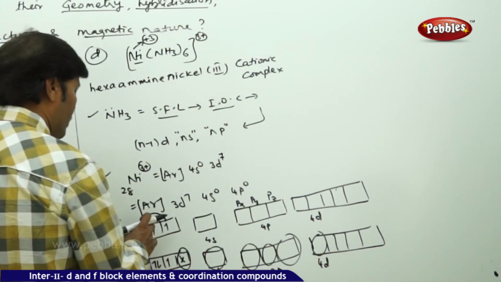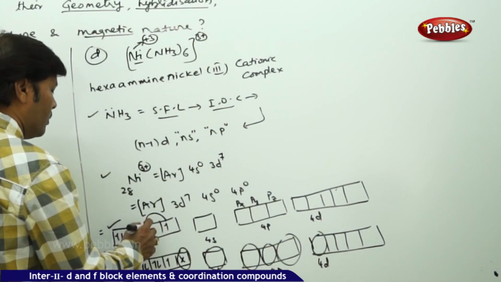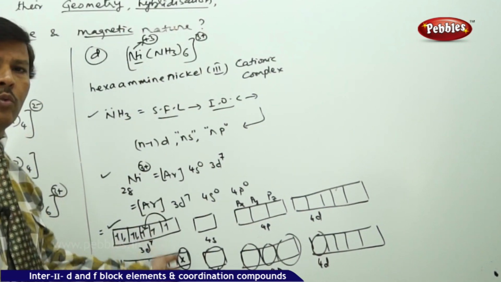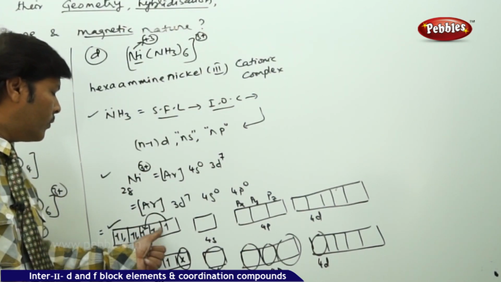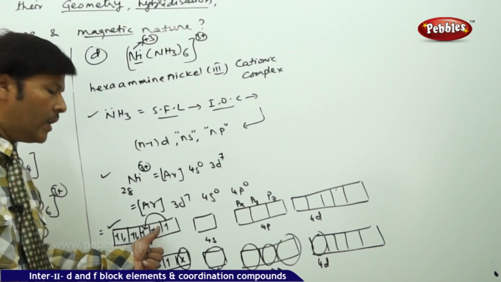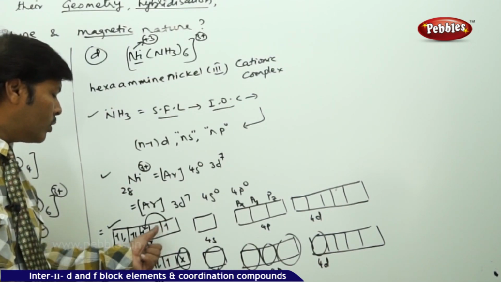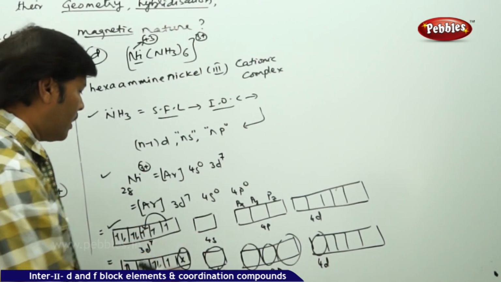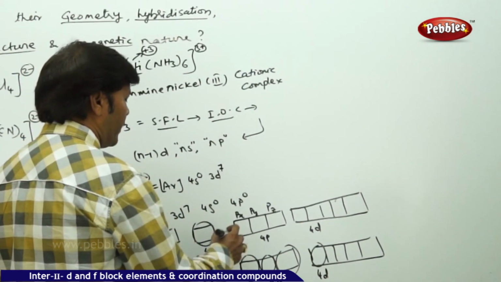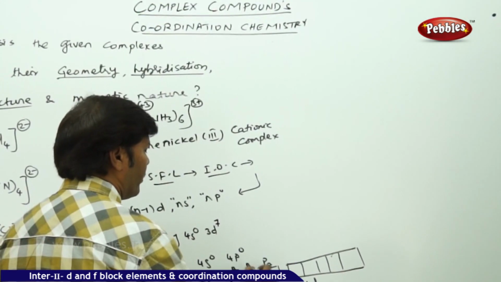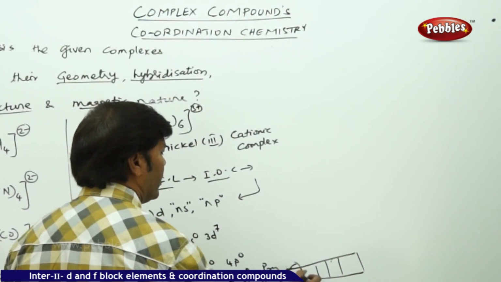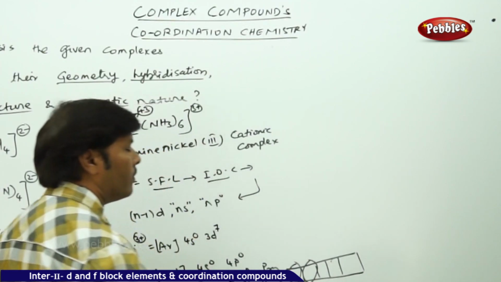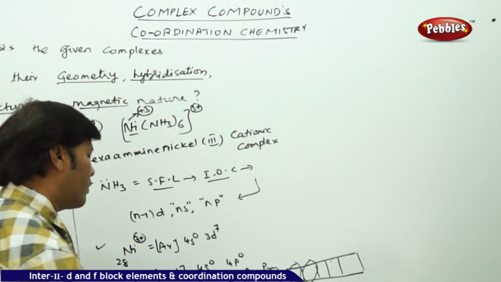So it is not going to forcibly pair up these unpaired electrons. And then the 6 ammonia molecules, even as strong field ligands, ensure that the unpaired electrons remain as they are in the 3d orbital, and now it is going to utilize the 4s vacant orbital, 4px, 4py, 4pz, then 4dxy, 4dyz orbitals are going to be utilized.